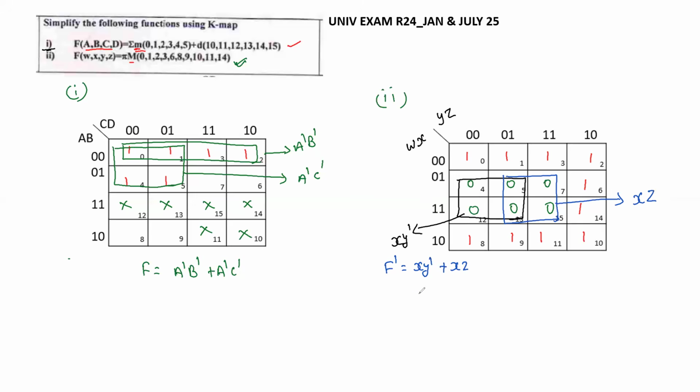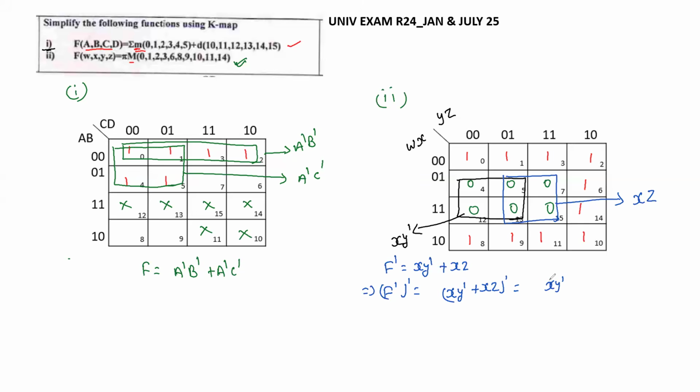Now we are going to take the complement of this function. Complement of complement will be the same, and here we have XY dash plus XZ, overall complemented. Now we'll apply De Morgan's theorem.